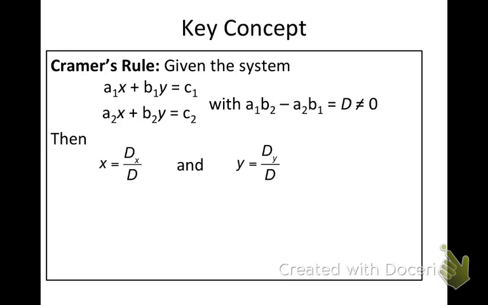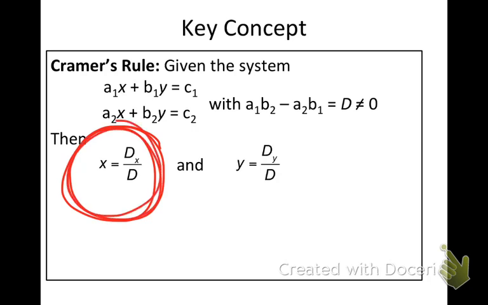Okay? So these are the rules that we care about. To solve for your x value, you are going to find the determinant of d sub x, which we just did in that last problem, and you'll divide it by the determinant of your coefficient matrix. Whatever that result is, that's the x value of your solution.